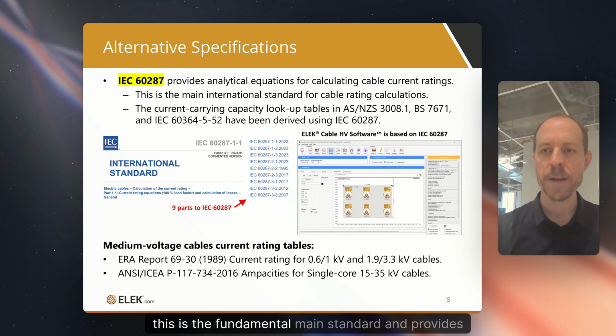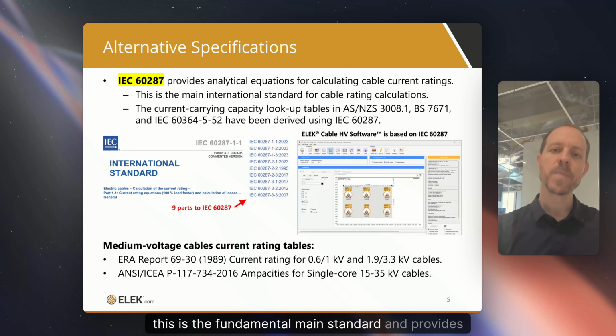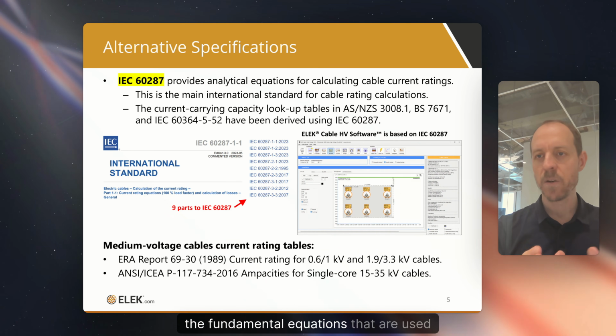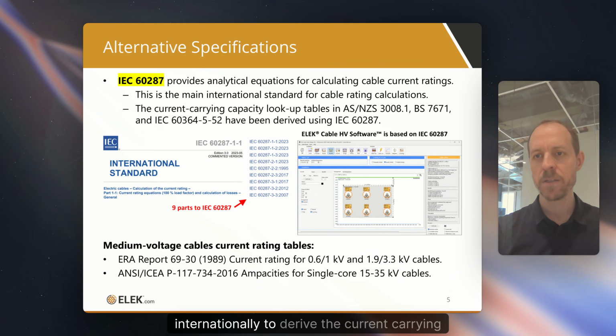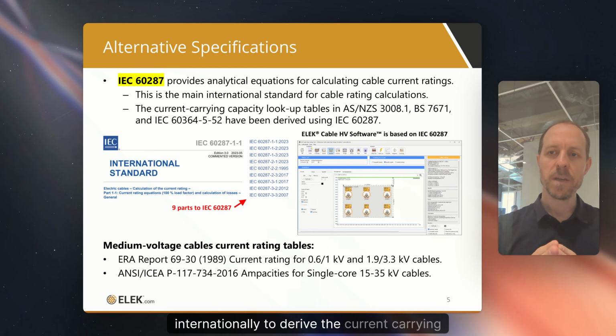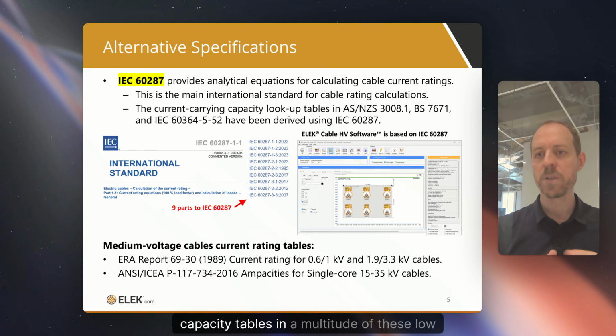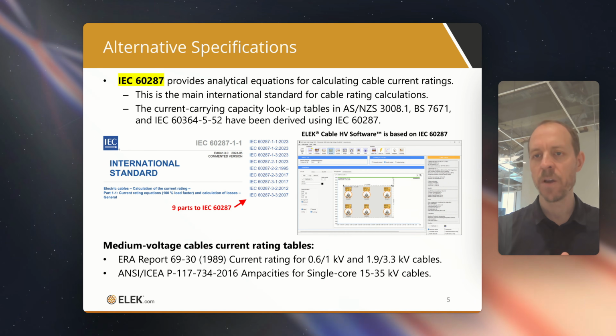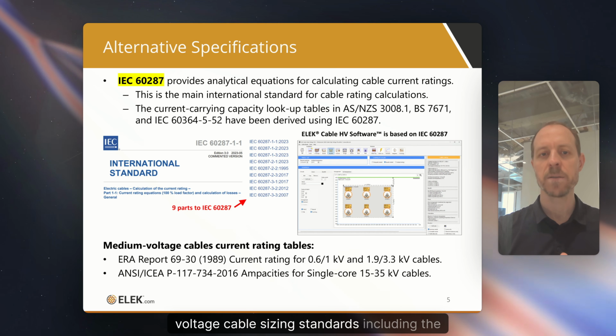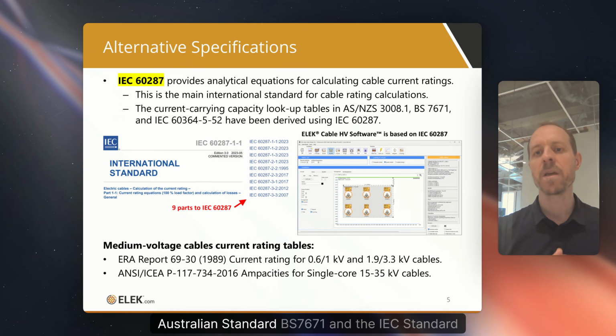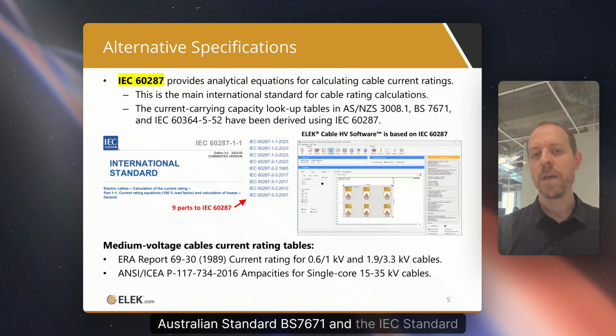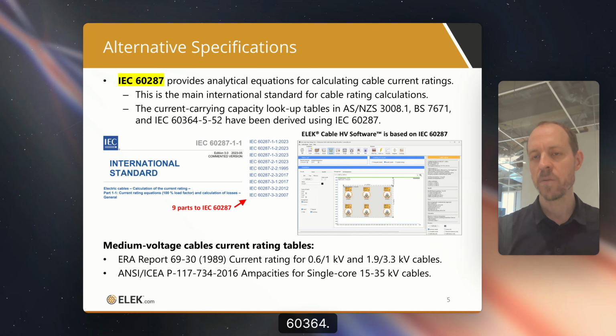This is the fundamental main standard and provides the fundamental equations that are used internationally to derive the current capacity tables in a multitude of these low voltage cable sizing standards, including the Australian standard, BS 7671 and the IEC standard 60364.